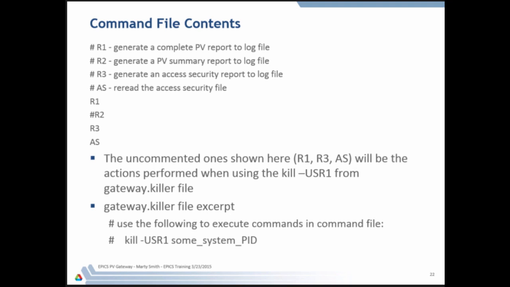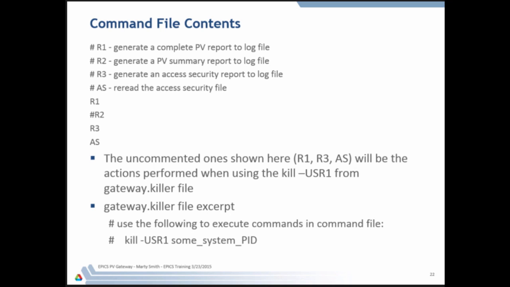I call mine gateway.report. And you can look in that report file and find that PV and find out, okay, did my access security change actually work? That works as long as the channel access client is currently connected.